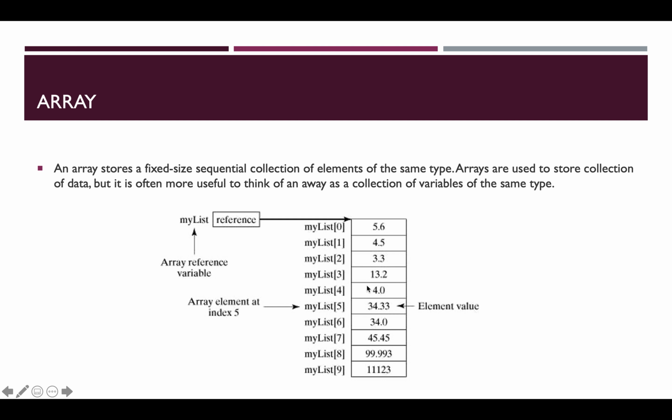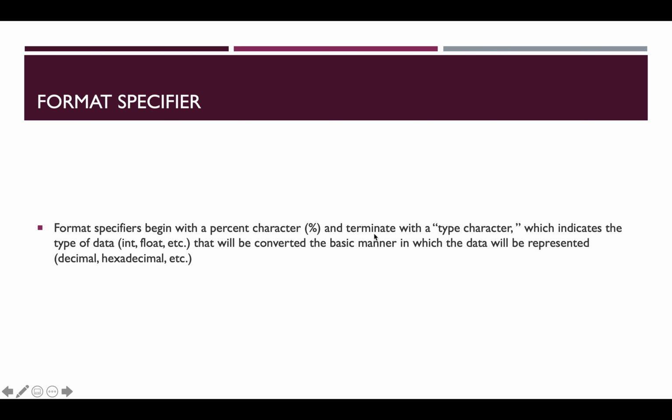See, there's no space. The way you access it is by starting from zero: myList, open square brackets, 0, close square brackets, you're accessing the first element, and so on and so forth. This is the index, 0, 1, 2, 3, 4, 5, 6, 7, 8, 9, starting from 0, and the content, all of them are going to be double.